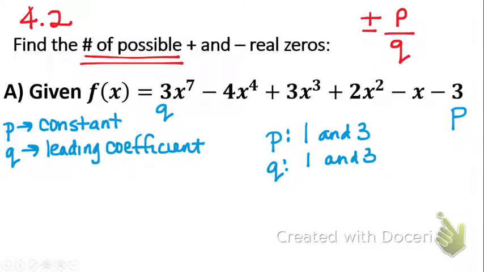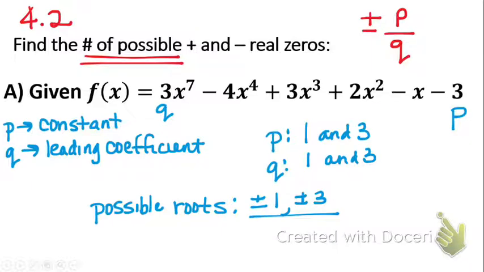So to find your possible roots, and a root is the same thing as a 0, you're going to take plus or minus 1 and plus and minus 3 and divide that by the factors of Q. So if you take 1, let's start with this one, 1 divided by 1 is 1, so plus and minus 1 would be your first root.